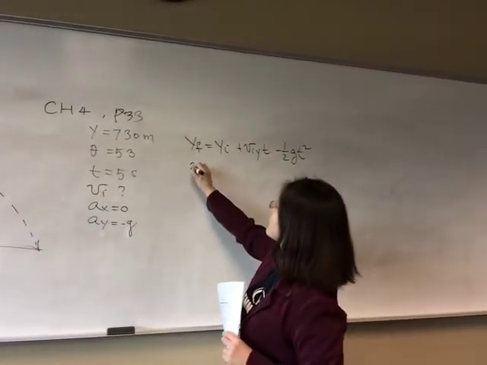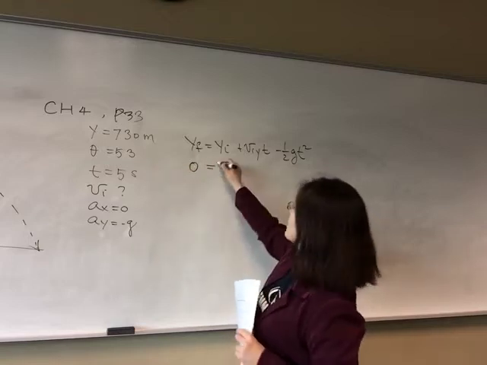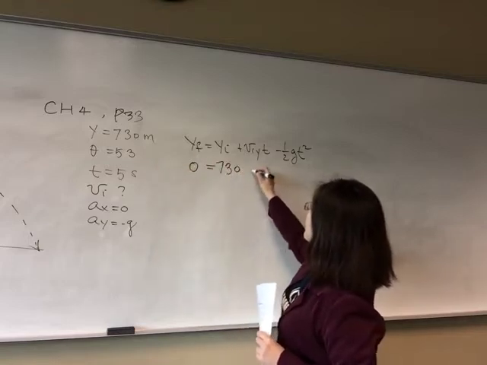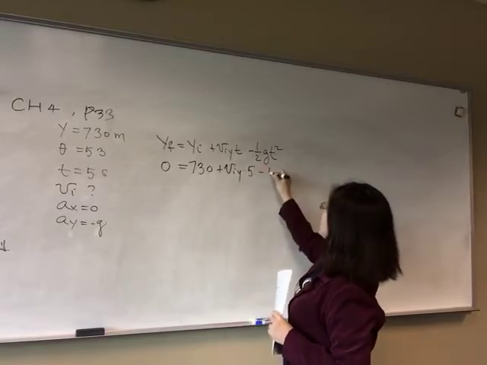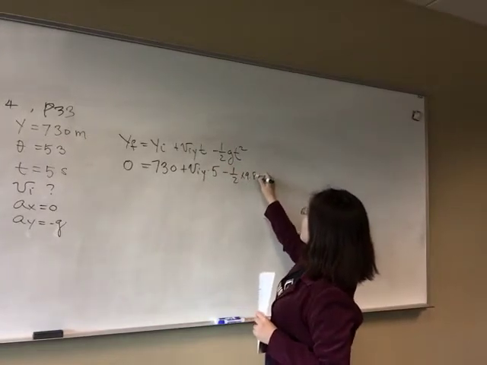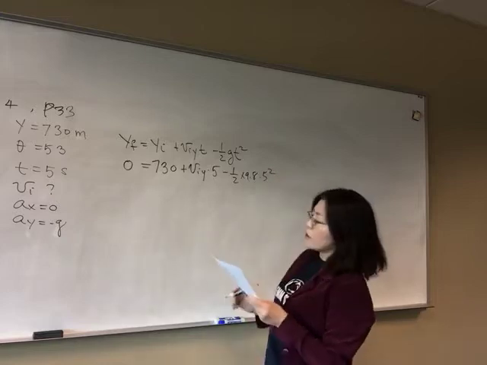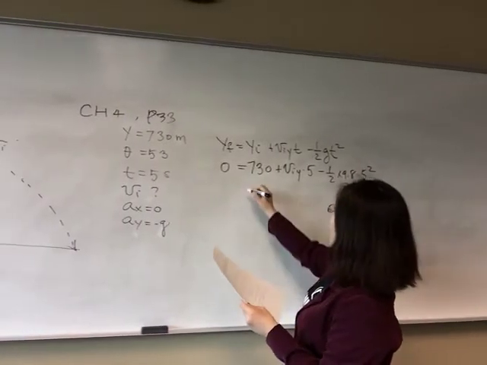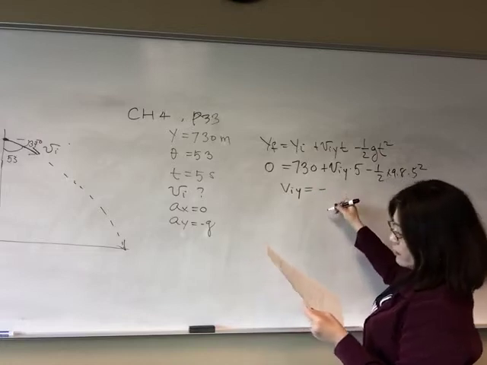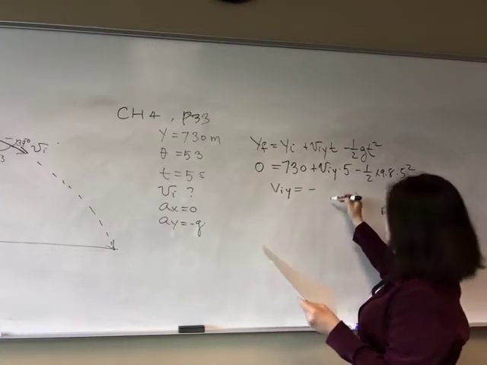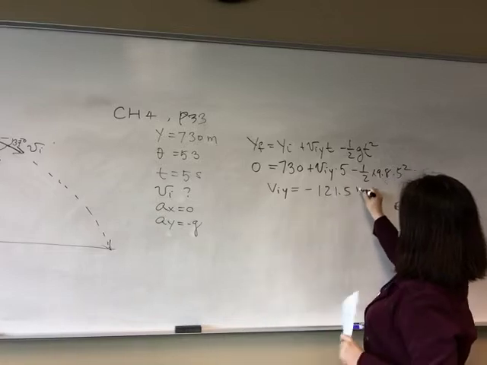So the final position is 0, the initial position is 730, this we do not know, times 5 seconds minus 1/2 times 9.8 times 5 squared. After you arrange this, your VIY is equal to negative 121.5 meters per second.